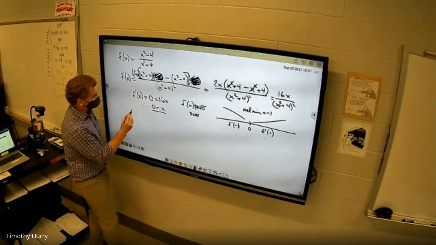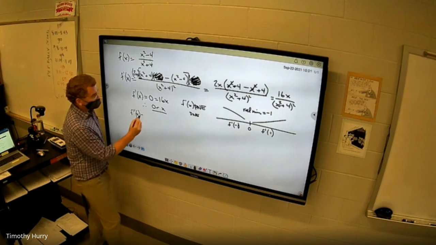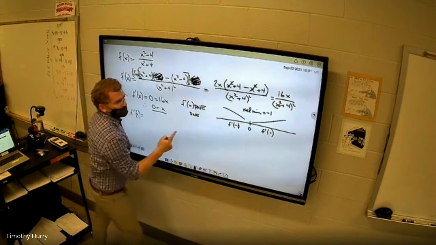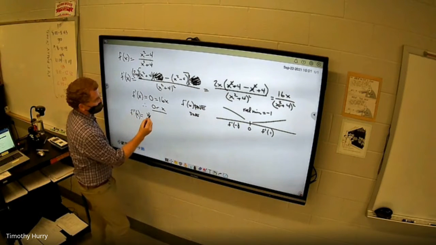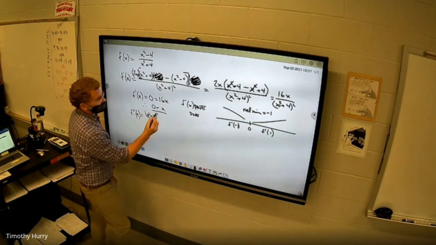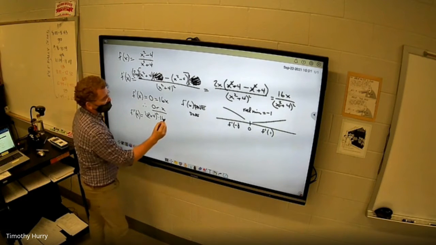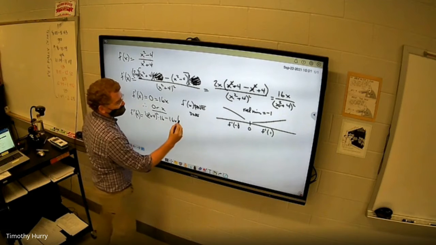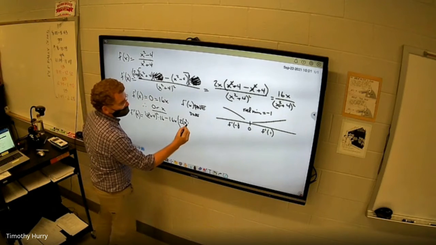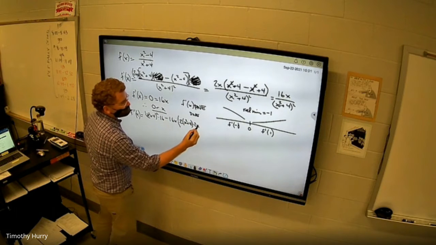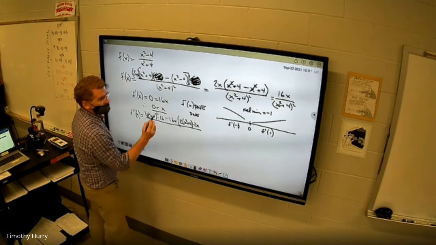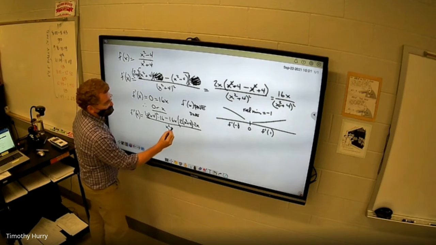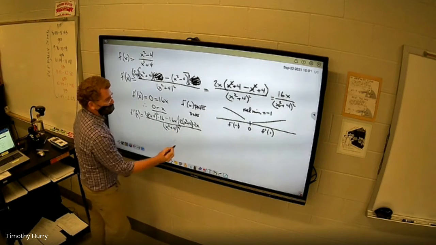So the second derivative, I'm going to go back to this simplified part and say low d high is 16 minus high d low is 2 blah to the first times 2x. Well, that's kind of a mouthful. Over the low squared, which makes that now the fourth.